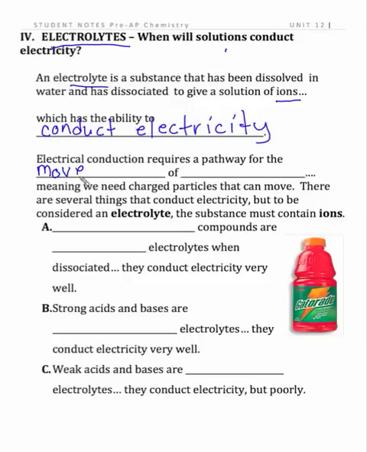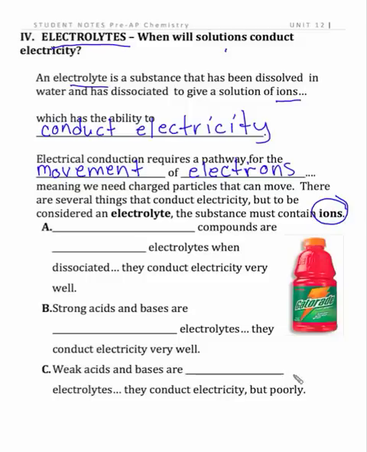Electrical conduction requires a pathway for the movement of electrons. Now, there's a variety of ways we can provide that pathway. If we have a metal, because of the sea of electrons, that will conduct electricity. But to be an electrolyte, we need something a little more specific than that.